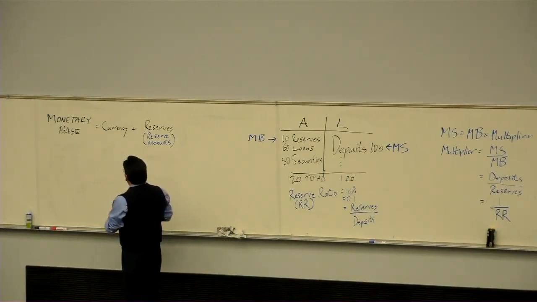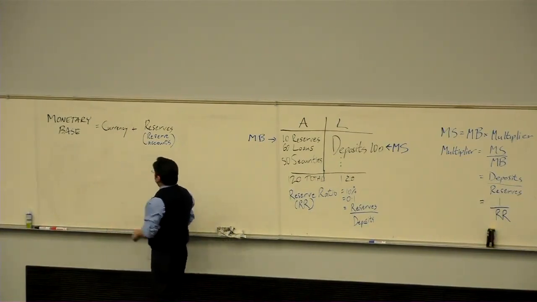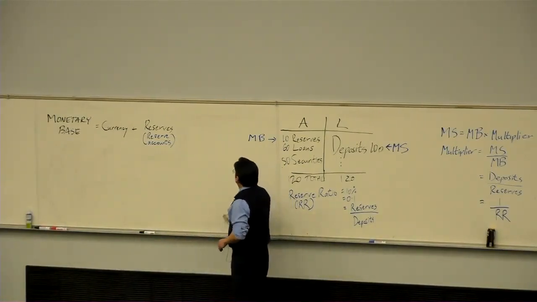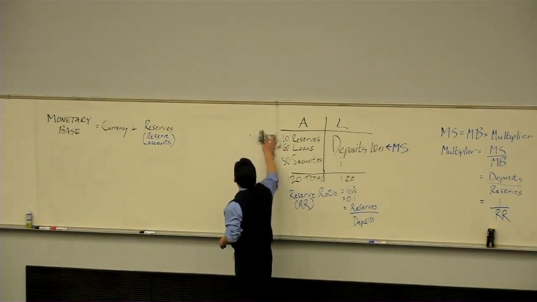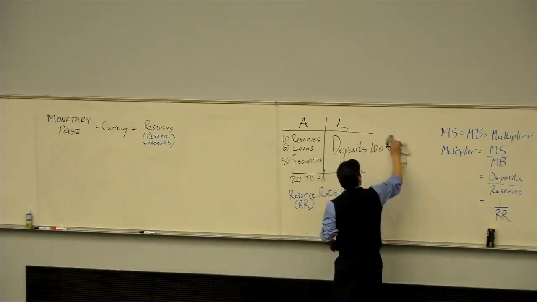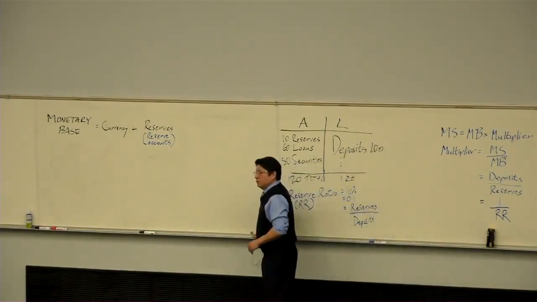And I'm going to say that an alternative way of looking at the monetary base is by saying that these are the things, the currency and the reserves, that the Fed uses to pay for stuff.